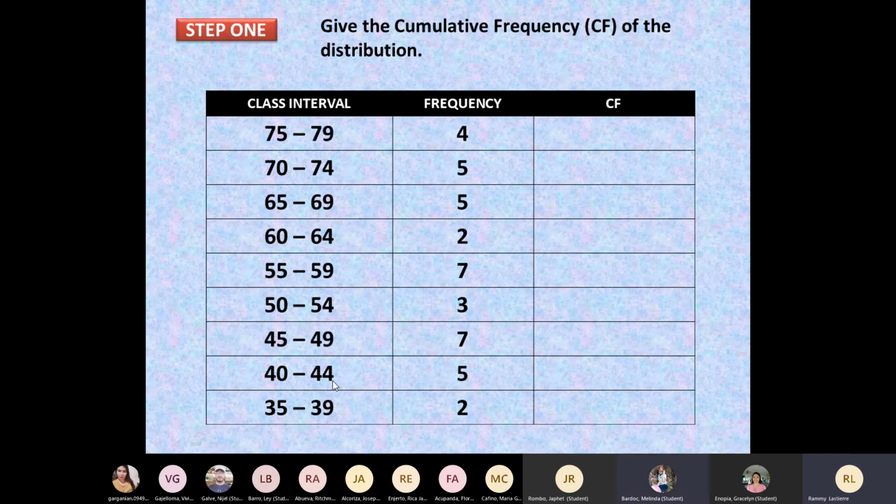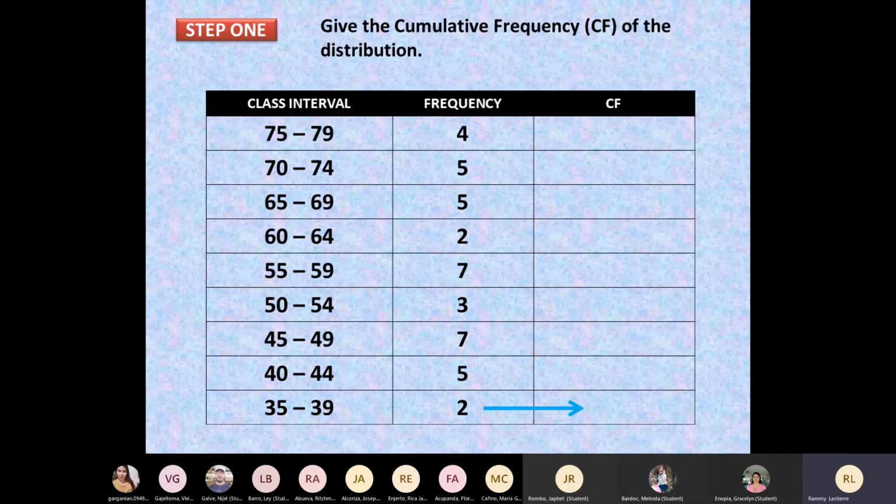We cumulate the frequency. As I said in our distribution last time, whatever the frequency of the lowest class is, it is the same for the cumulative frequency.